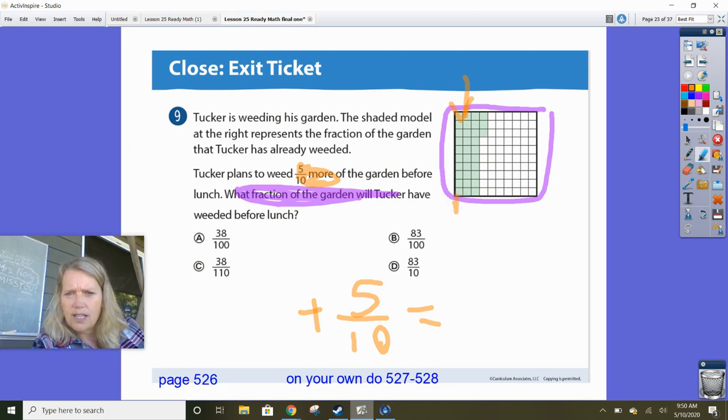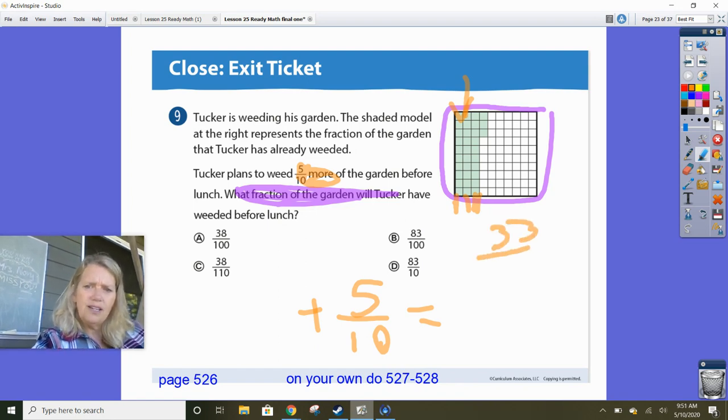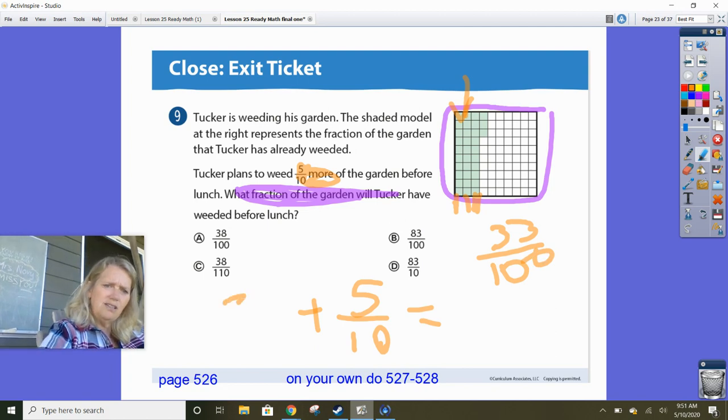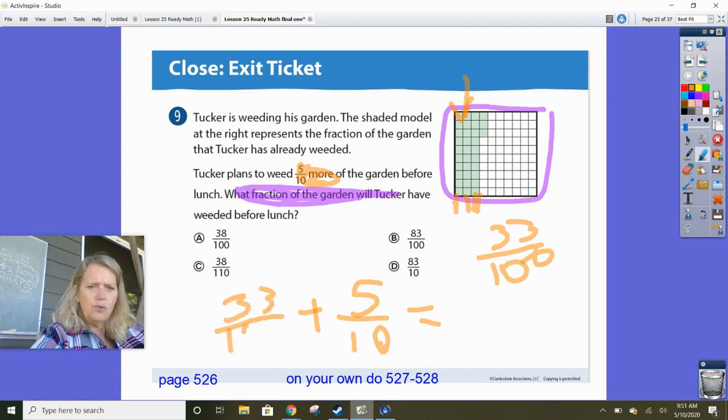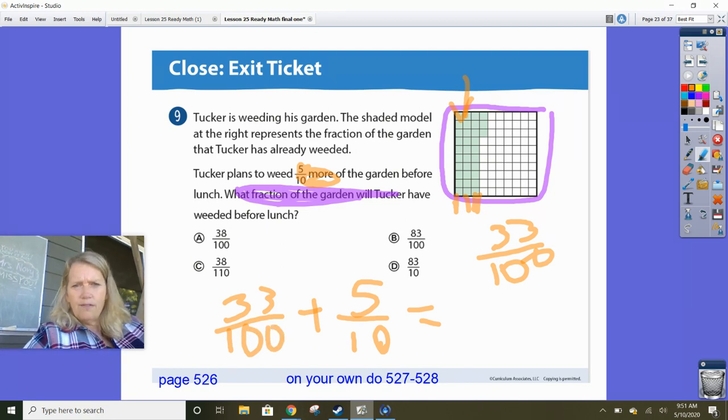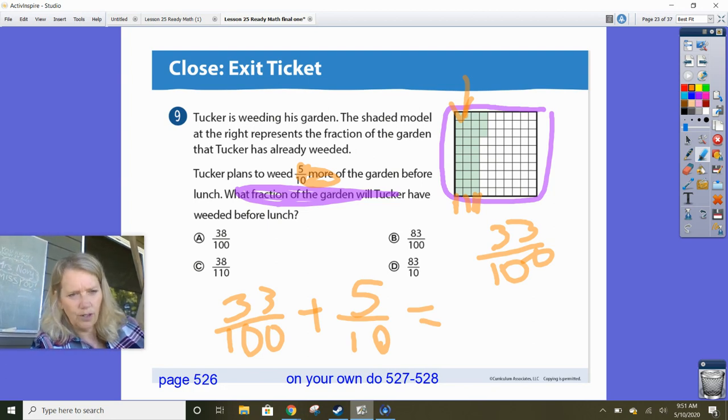So this is 1/10, 2/10, 3/10, and then, okay, so we got 10, 20, 33. So that's 33 hundredths. Okay, so 33 hundredths was already weeded. He wants to do 5/10 more of the garden. Be careful that it's more of the garden, not of what's left over.